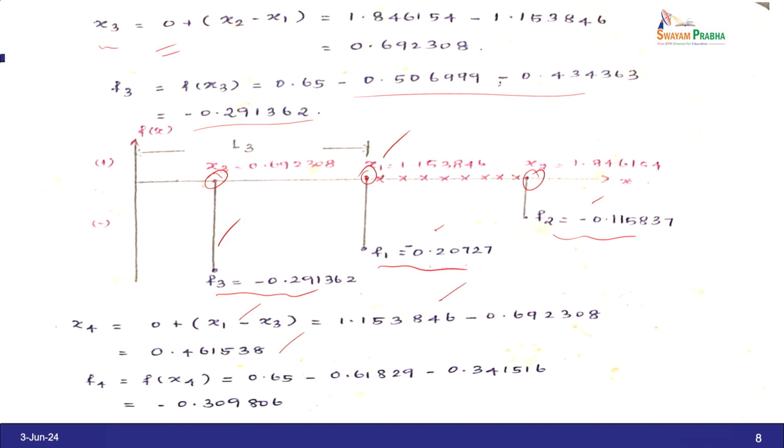Take this value and substitute in f4 equal to f of x4, which is equal to 0.65 minus 0.61829 minus 0.341516, and the net value is minus 0.39806.